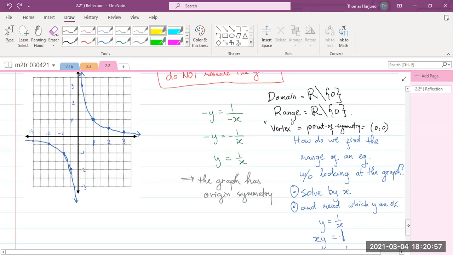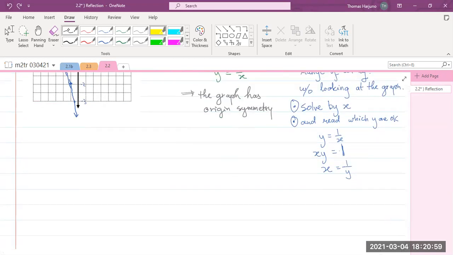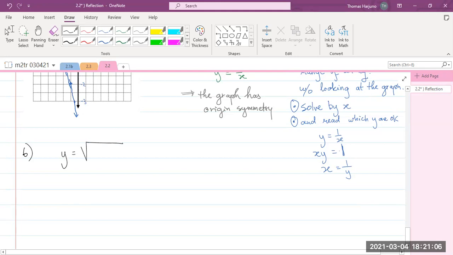Now the last graph that I want to introduce to you, which I think is the first time I introduce it, is y equals the square root of 1 minus x squared. This is actually the top half of a unit circle. Why?